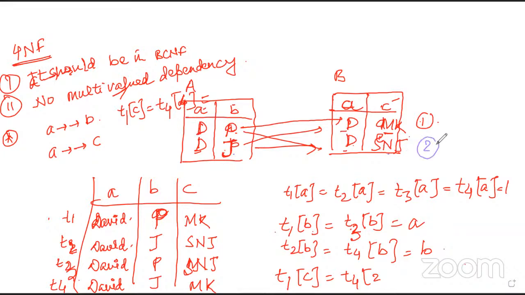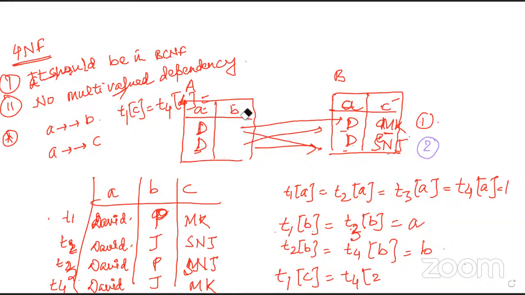Okay. This is second one. And this one is the David P. Is it visible to everyone?